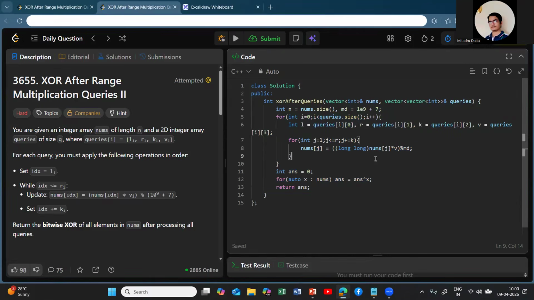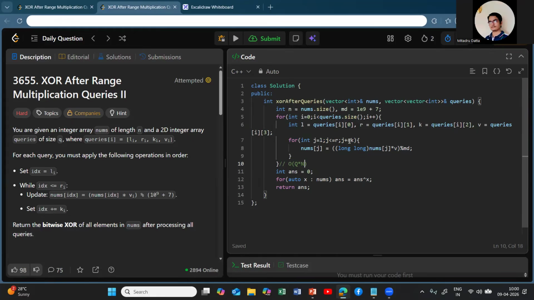If k was root n, first of all, our time complexity, what was it? It was O of n into k. But if you were told that k will be root n, then our time complexity will change. Sorry, not n into k, your time complexity was queries into n. Why n?